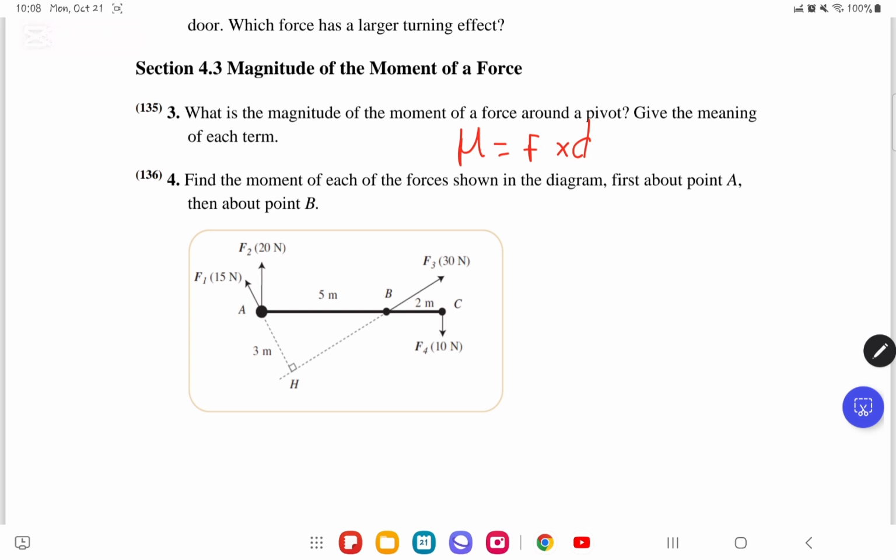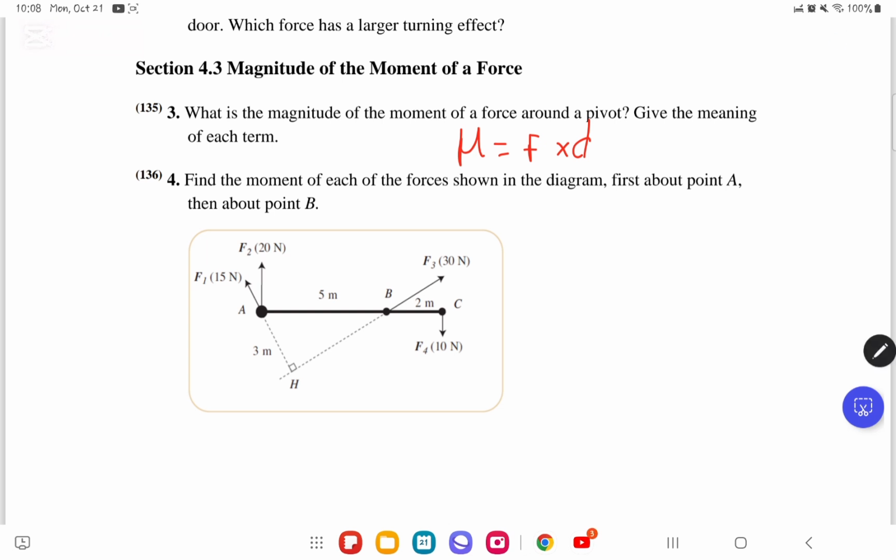So to put it in a sentence, the moment of a force is given by the moment is equal to force times distance, where the force is the magnitude and D is the perpendicular distance from the axis of rotation.